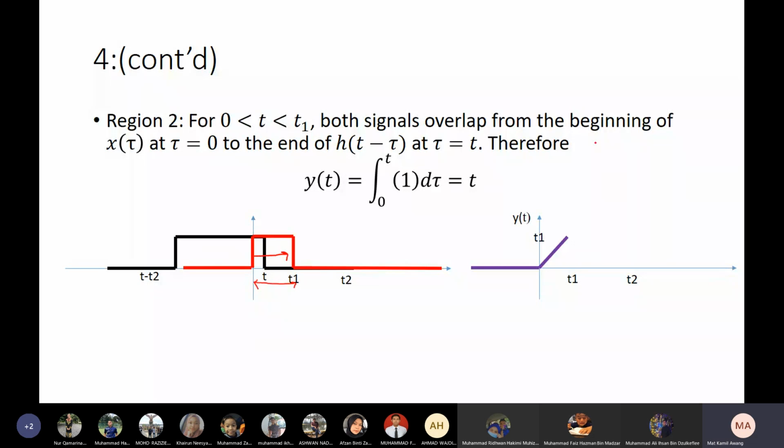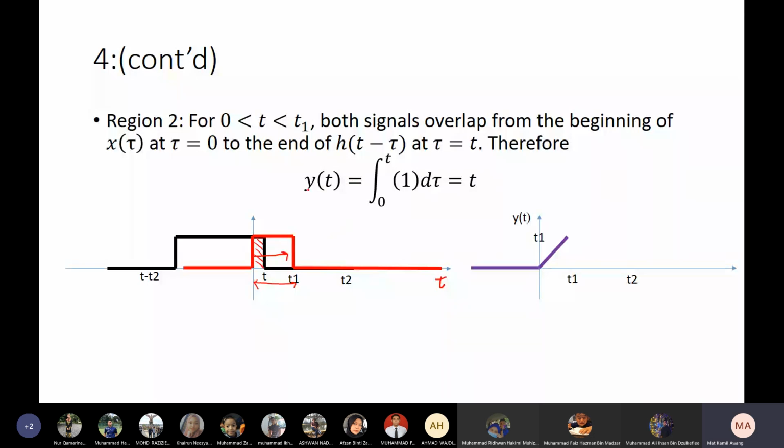Both signals overlap from the beginning of x of tau, where tau is equal to 0, because this axis is the tau axis, to the end of h of t minus tau at tau equal to t. So this is the area of the overlapping.